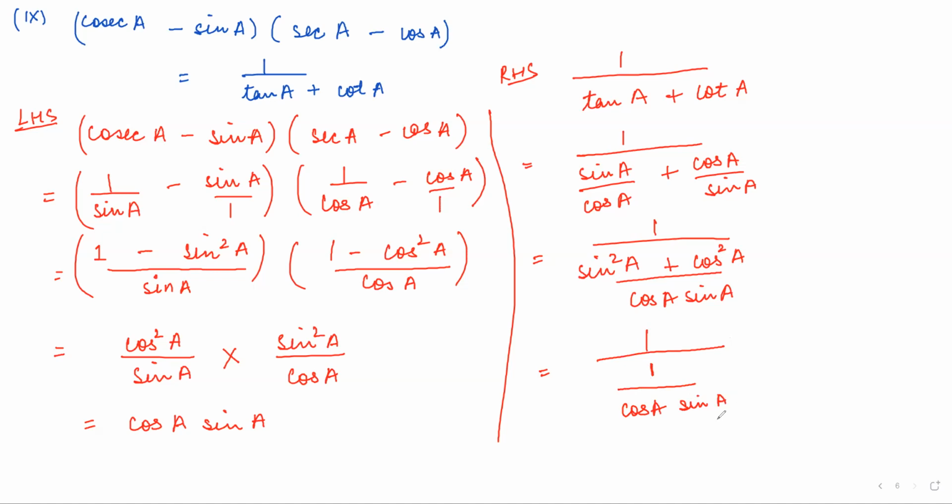So when you have a fraction in the denominator, we write it like this, 1 into the inverse of the fraction. So it will be cos A sine A divided by 1, isn't it? Or think of it like this, 1 is actually 1 upon 1, right? So this will multiply with this and this will multiply with this. So ultimately you will get this, right?